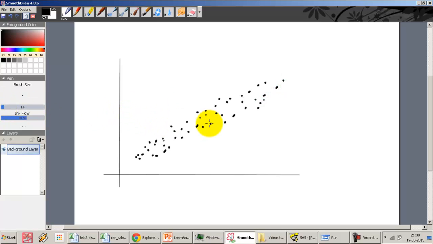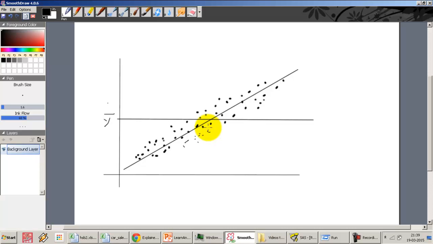I know that if I don't have a regression model, my best prediction is always going to be y bar. So let this be the y bar line. This is the value of y bar, and this is my regression model which I fit, and this is the line of least error.